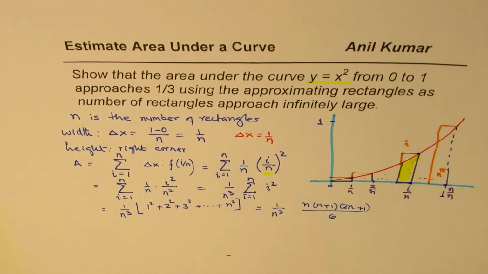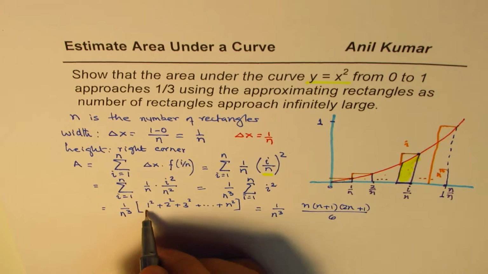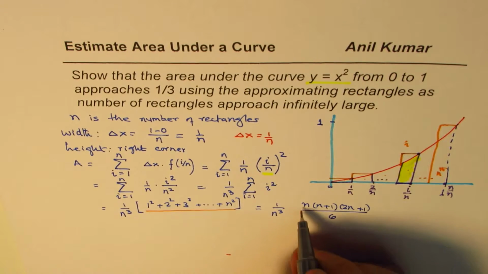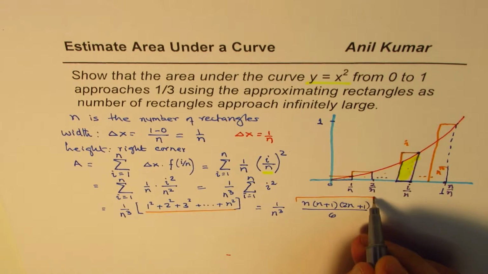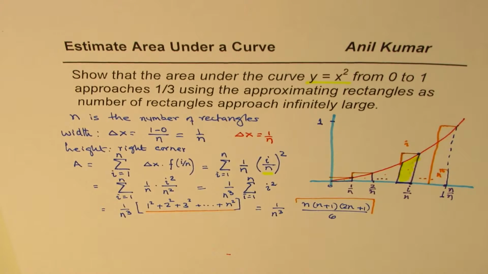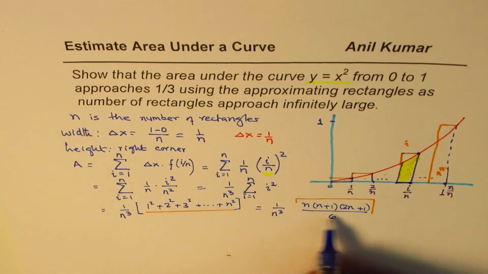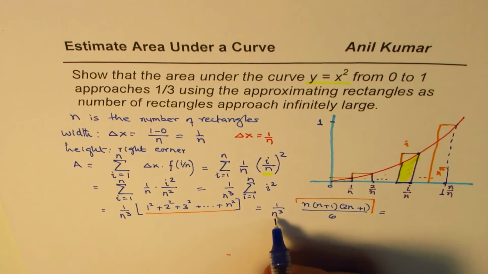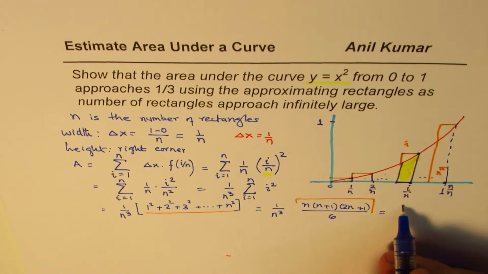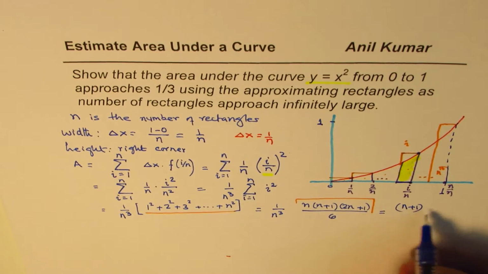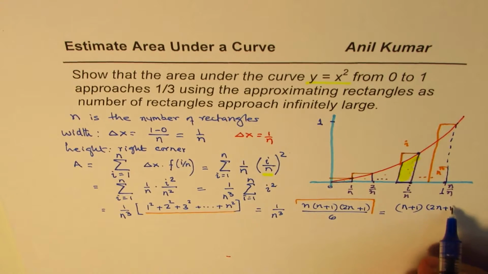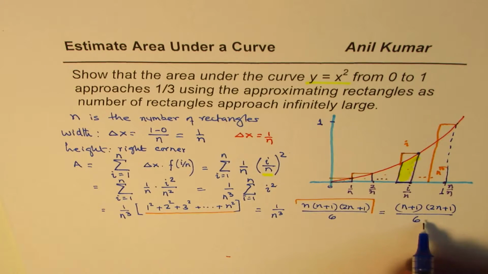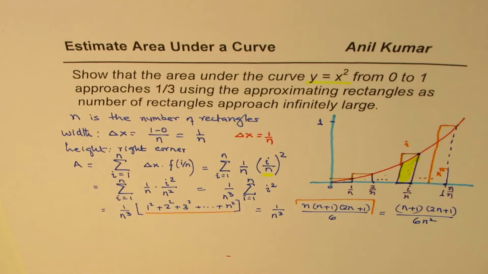So we have replaced the series with that formula. Correct? This is a very standard formula. Now we can simplify this a bit. One n cancels, right? So what we have here is (n plus 1) times (2n plus 1) divided by 6n squared.